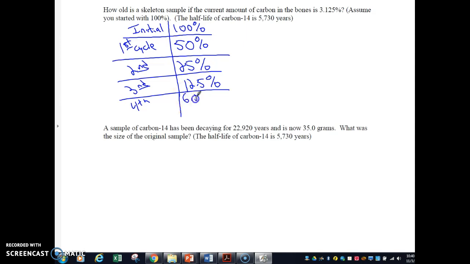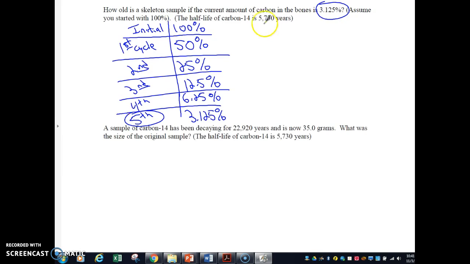The fourth turns to 6.25%. And pay attention to what you're going to. The problem tells you 3.125%, so that's what we want to work our way down to. So it looks like the fifth cycle is going to bring us to 3.125%. So it went through 5 cycles.